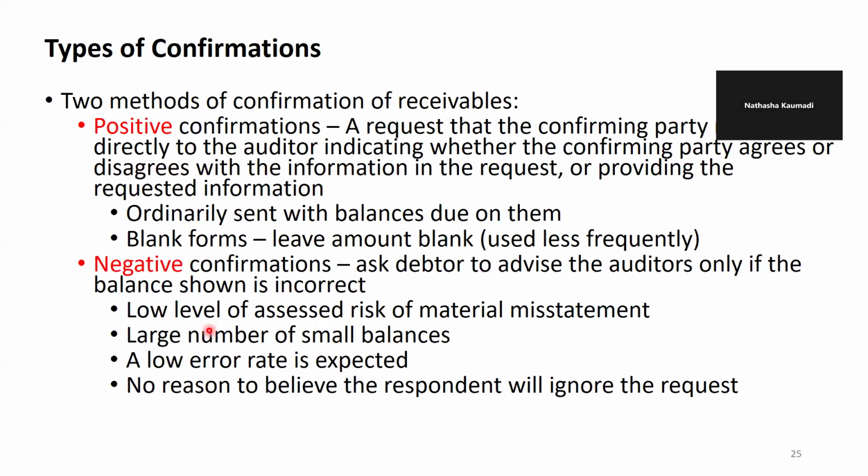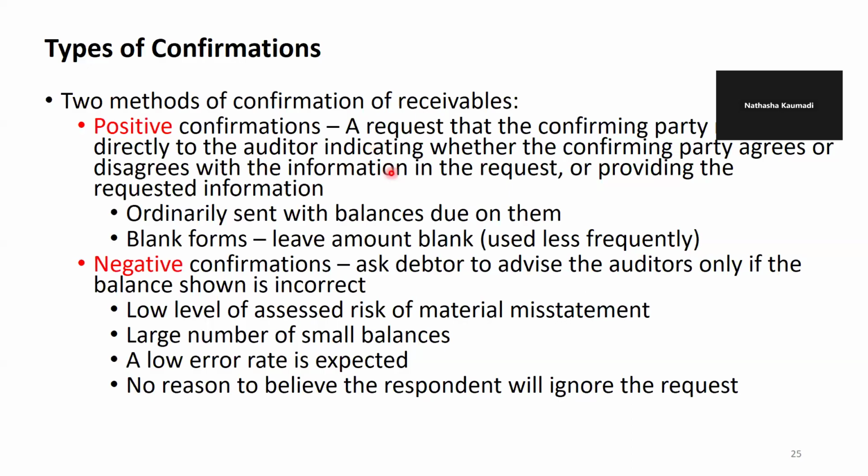And then the types of confirmations I'm not going to explain again here, because we discussed in detail positive confirmations and negative confirmations, right? If we ask the confirming party to reply only if they disagree with the balances, that is negative, right?